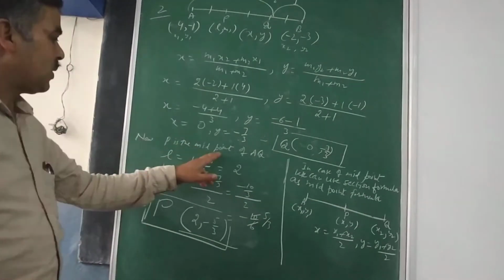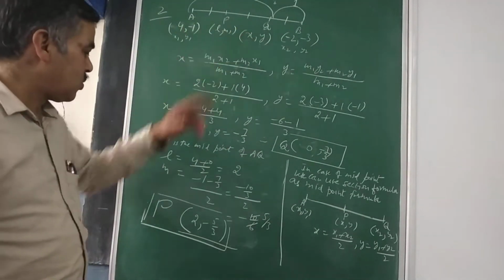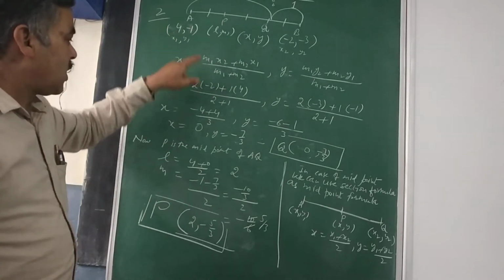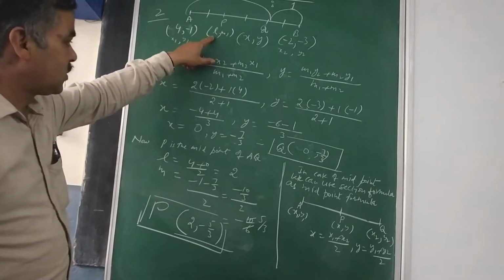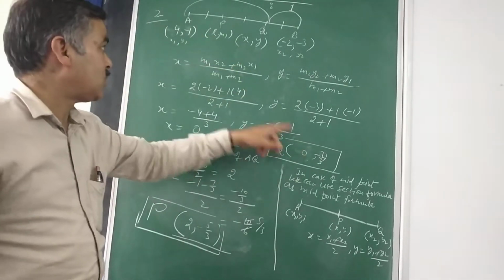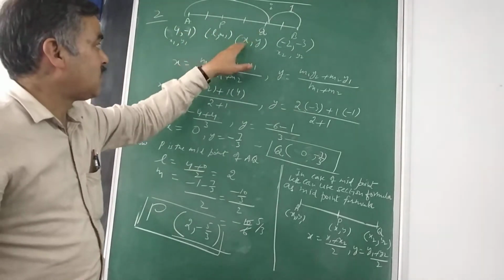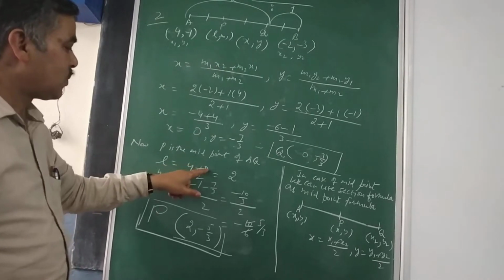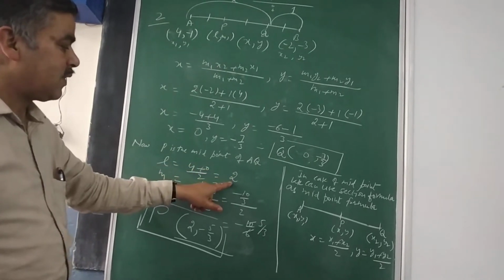So we know that P is now the midpoint of this AQ. So L I have taken here. x1 is 4, and now you have the coordinates here, that is 0 and -7 upon 3. So x1 plus x2, that means (4 plus 0) upon 2, so the coordinate will be 2.